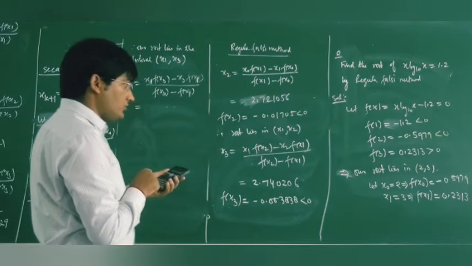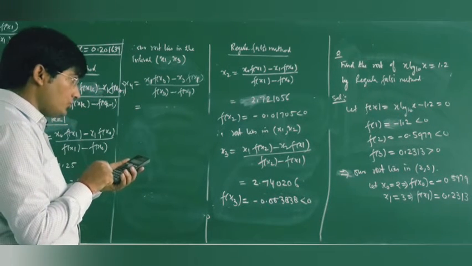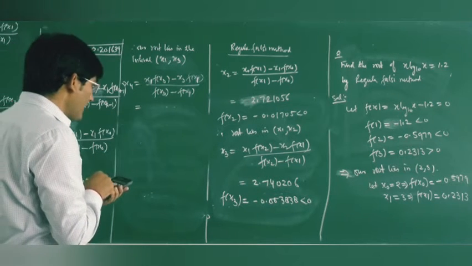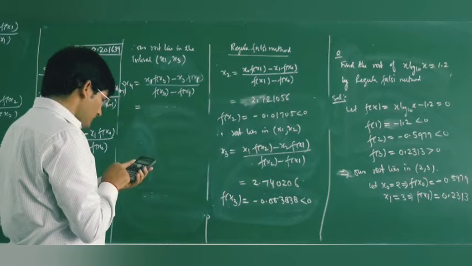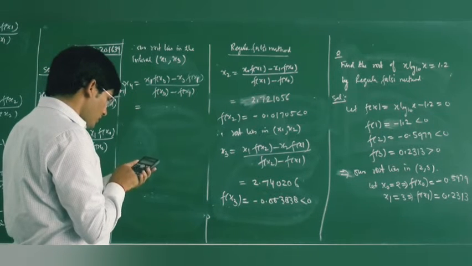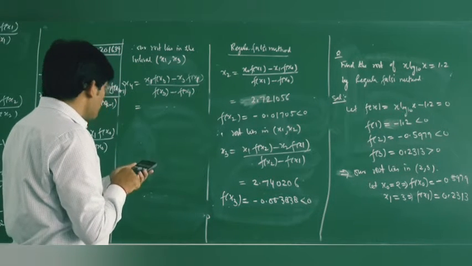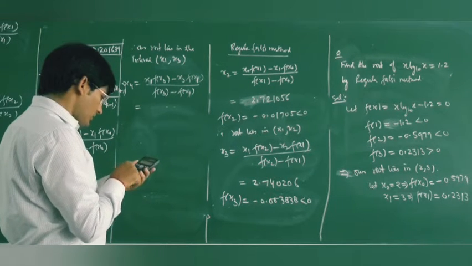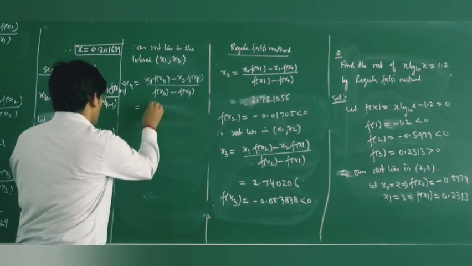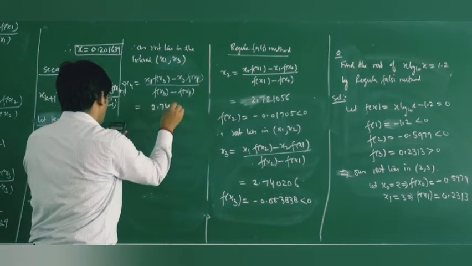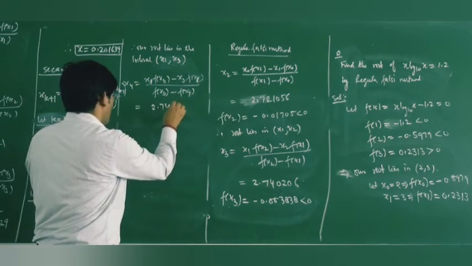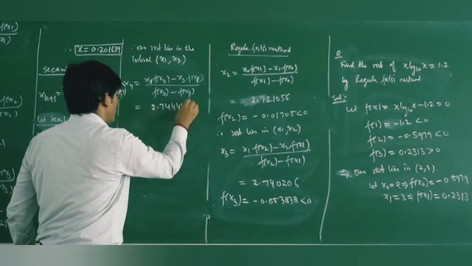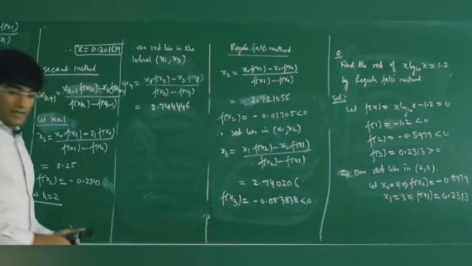Your f of x1 was 0.2313, and this is divided by your f of x3, which is your minus 0.003838, minus f of x1, which is your 0.2313, and this is equal to 2.744446.